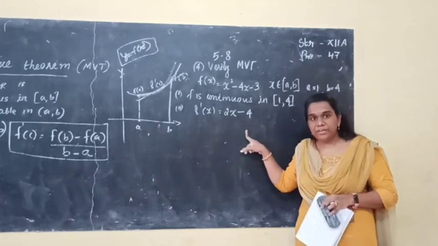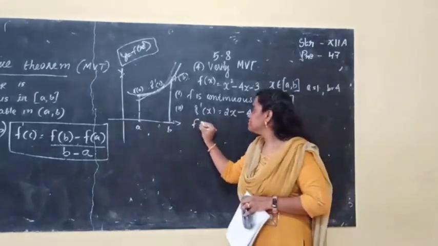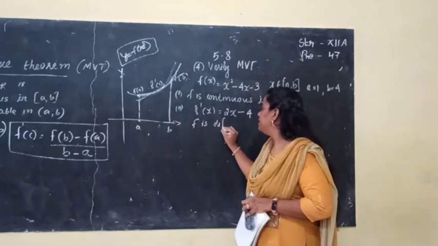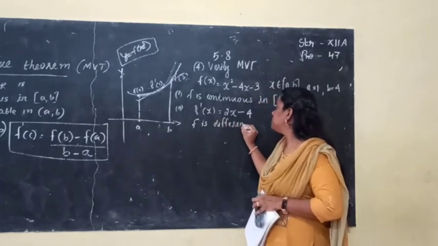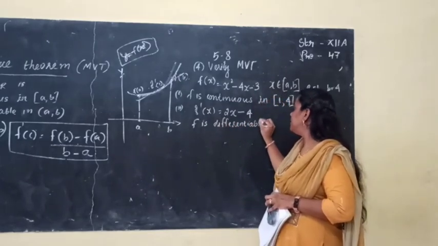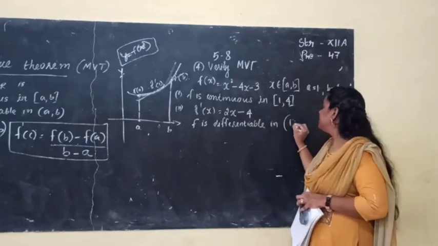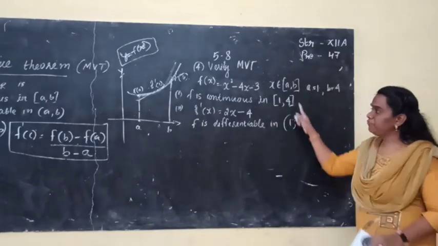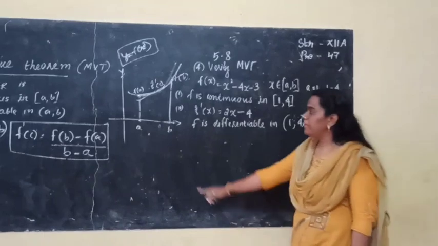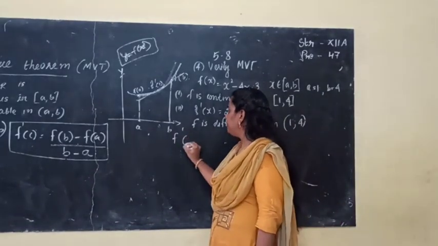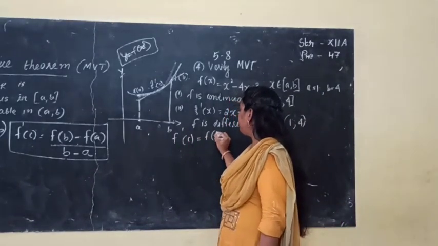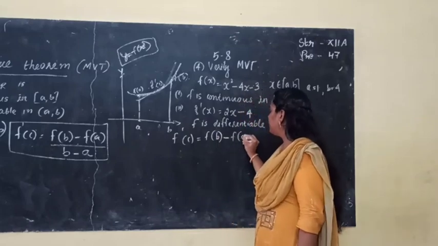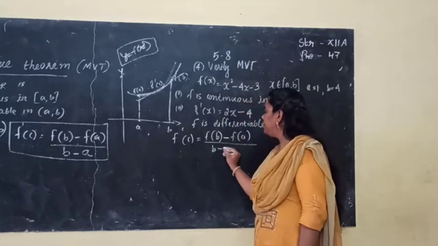We can find the derivative so that f is differentiable in the closed interval 1 to 4. If two conditions are satisfied, we have to find f dash c. f dash c is equal to f of b minus f of a divided by b minus a.